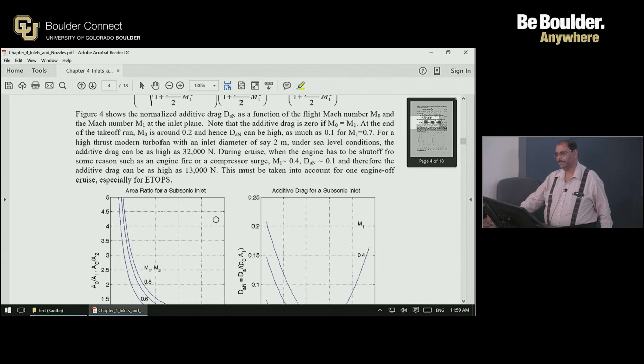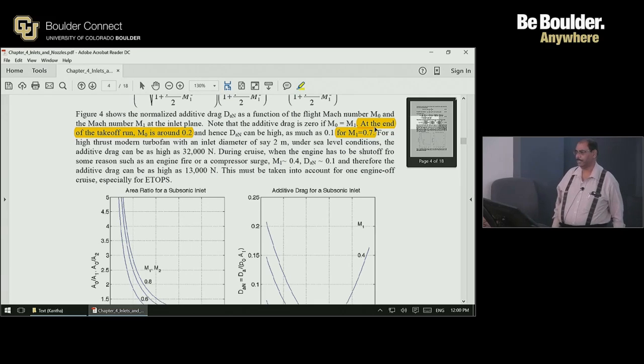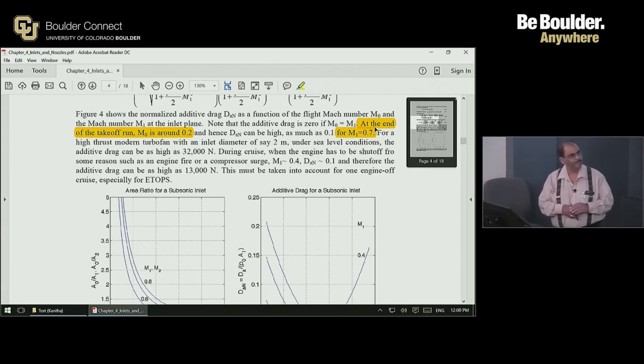Additive drag is especially high at the end of the takeoff run, because during takeoff the Mach number is usually about 0.2, and of course we need, let's say, 0.7 at the inlet, so that is quite a bit of a change in Mach number.